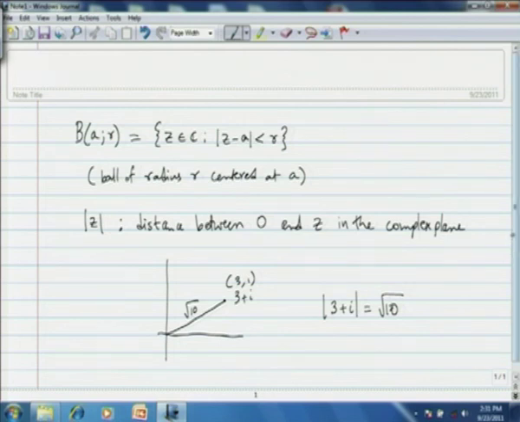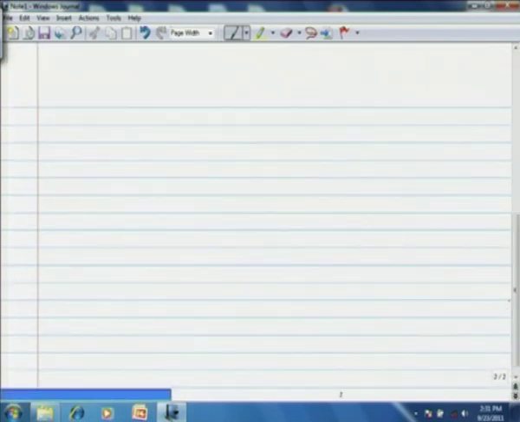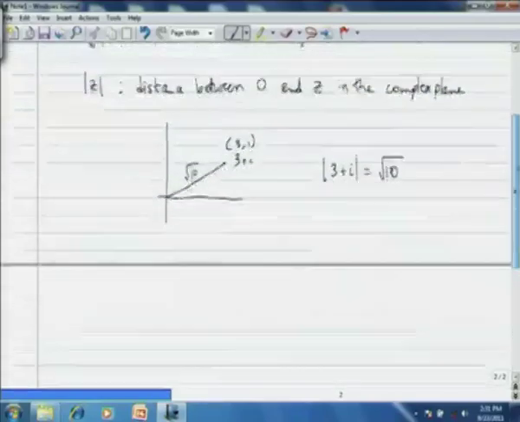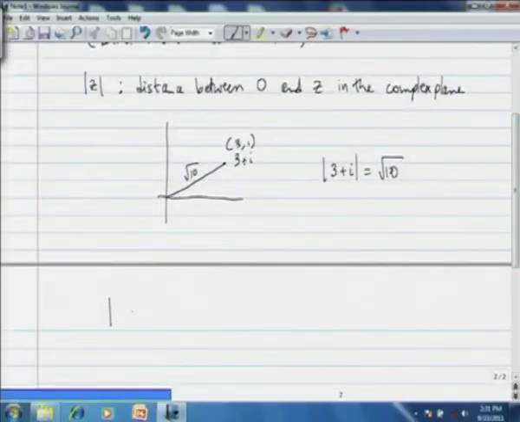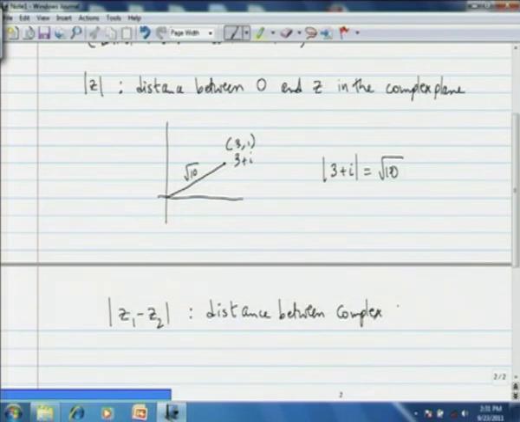So, the modulus of the complex number z1 minus z2 in this way denotes the distance between complex numbers z1 and z2 in the complex plane.